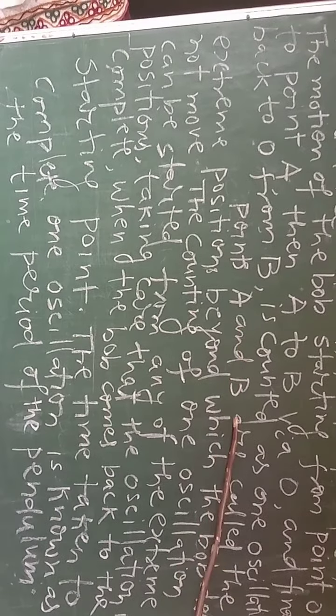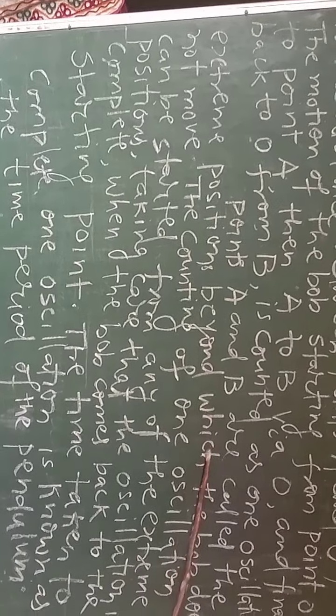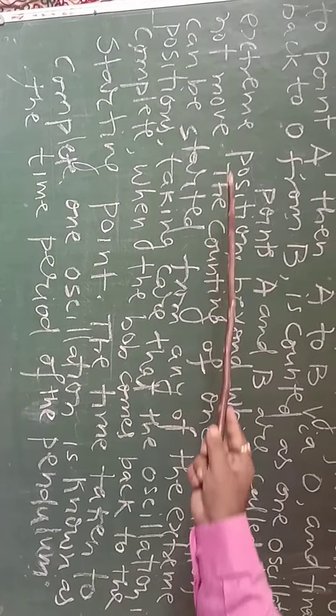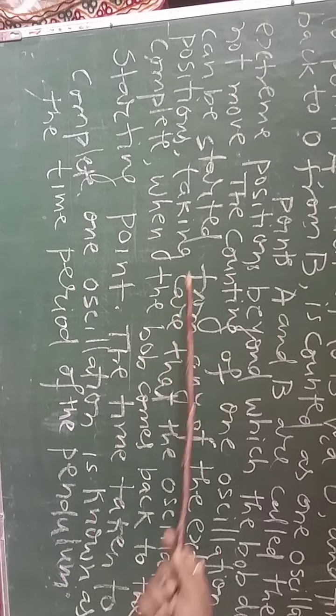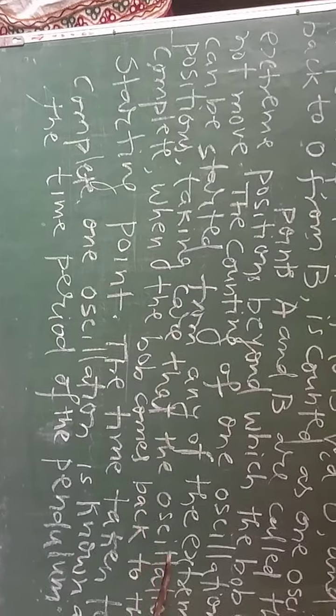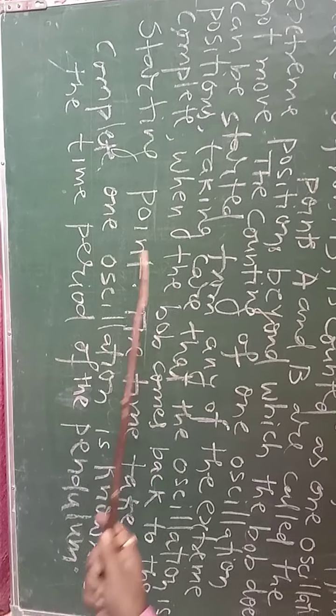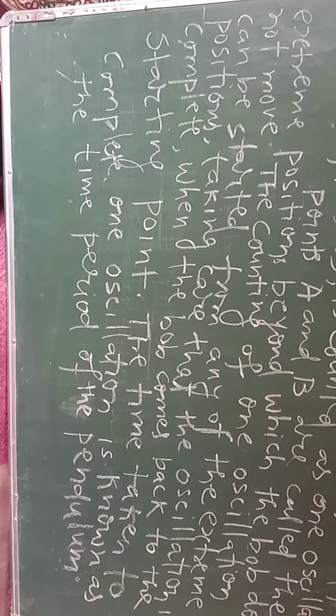Points A and B are called the extreme positions, beyond which the bob does not move. The counting of one oscillation can be started from any of the extreme positions, taking care that the oscillation is complete, when the bob comes back to the starting point.